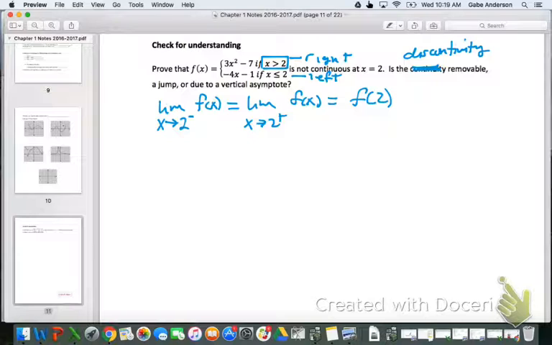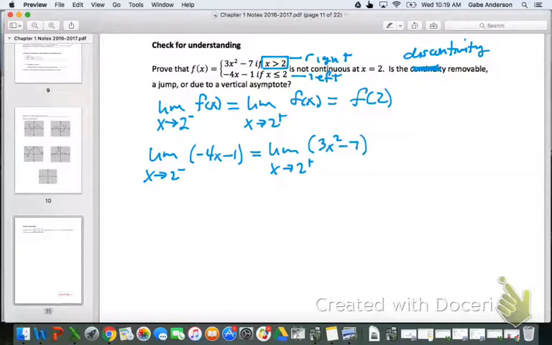So limit as x approaches 2 from the left, well, I'm going to go ahead and use that line, the part that's from the left. So it's going to be the limit as x approaches 2 from the left of negative 4x minus 1 is equal to, now this other part, the part that's from the right, I'm going to use my right part. So that would be the limit as x approaches 2 from the right of the quadratic there, that parabola, 3x squared minus 7. And that's equal to f of 2.